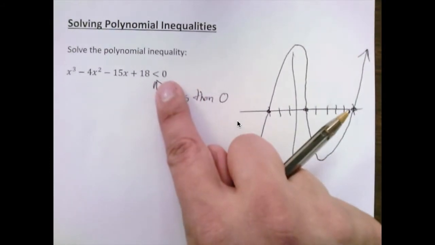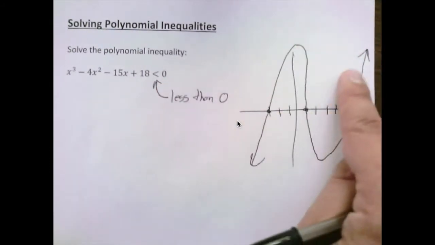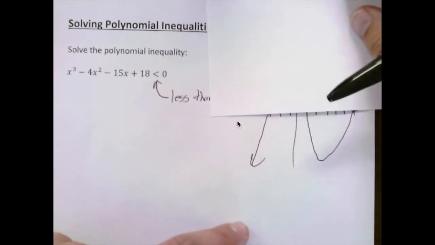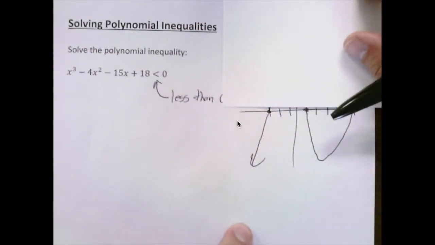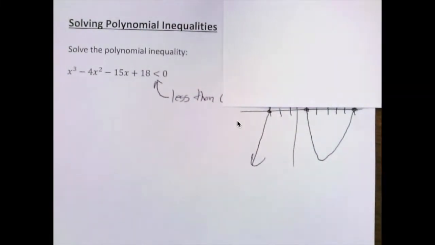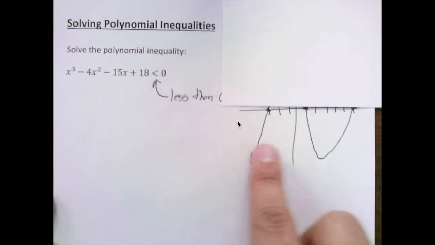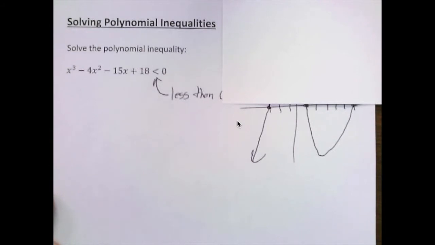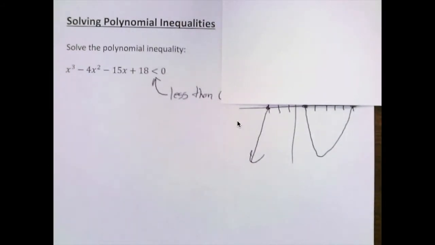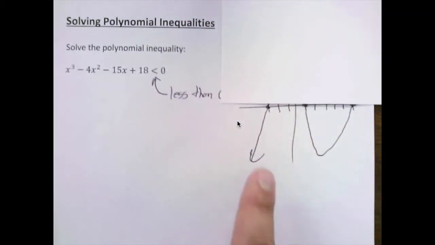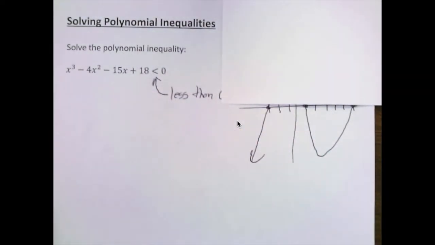If this had said greater than 0, then we'd worry about the top part. So I'm only concerned about the bottom part, so I'm going to use a note card here and only look at the bottom. What we need to do is represent these two pieces. And if there are 3 pieces, 4 pieces, however many pieces, we need to represent these pieces, because all of these pieces are solutions to the problem.